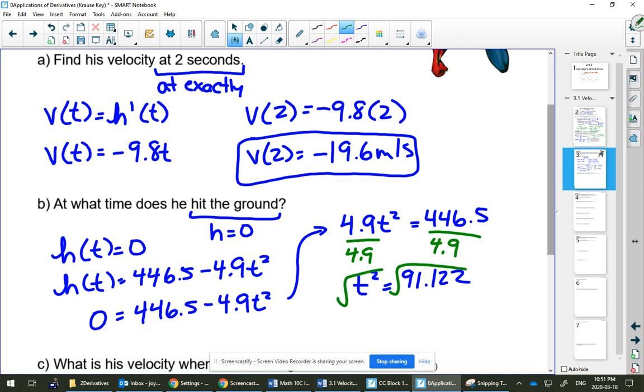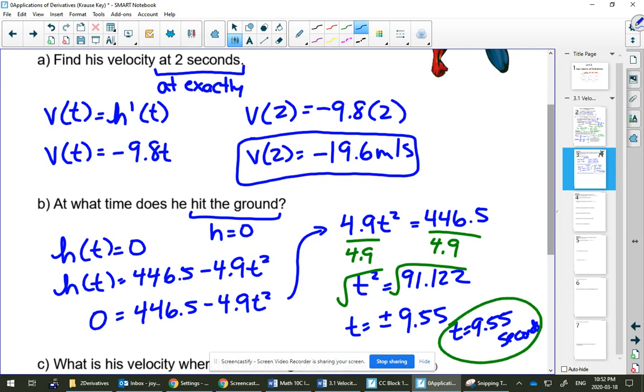And then we'll square root, and our time will equal plus or minus 9.55. So we need to look at the answer that we came to in the context of the question. We're not going to have a negative time, so we eliminate the negative, and time is 9.55 seconds. So 9.55 seconds after he jumps off that building, he's going to hit the ground.